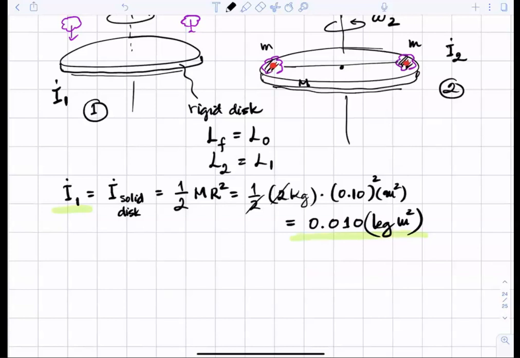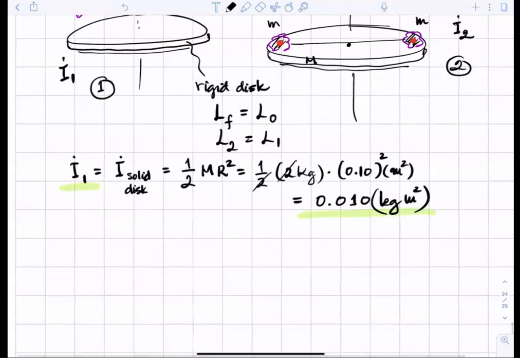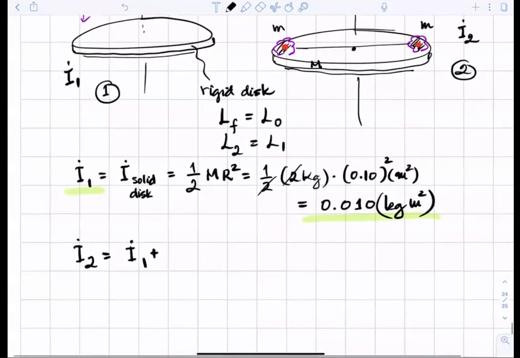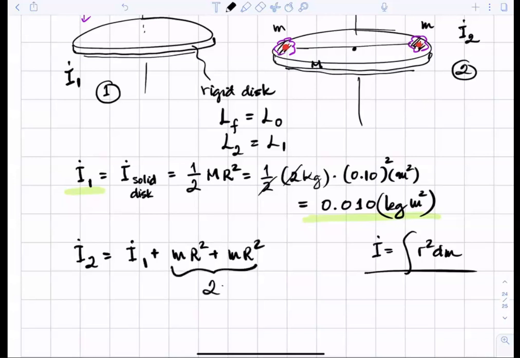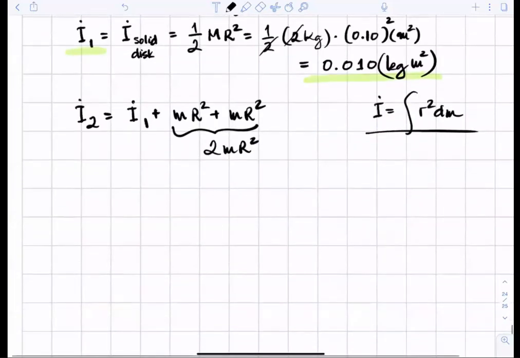Now let's see the final moment of inertia, which will be our I2. That was our I1, plus whatever each mass brings into the equation. If you remember the general I, that was the integral of r squared dm. Now in our case here, we don't have to integrate. It's everything nicely distributed about the center. The radius is considered to be the same, and you have two additional particles with equal mass, so it will be plus mr squared plus another mr squared. So that's your 2mr squared, the contribution of the two blocks.